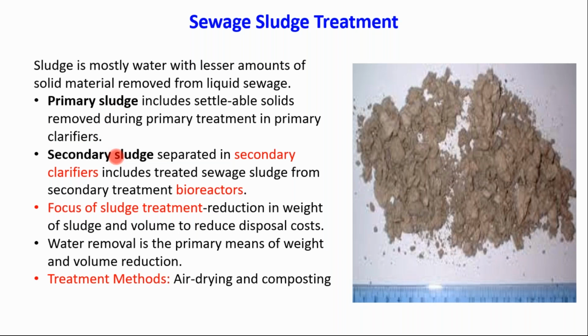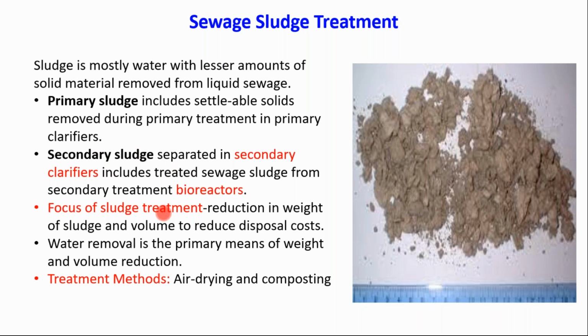If secondary clarifiers or bioreactors are required to settle down these types of sludge, then it is called secondary sludge. It is the sludge which can't be settled down in the primary treatment of the STP and which is settled in the secondary treatment or the bioreactors.